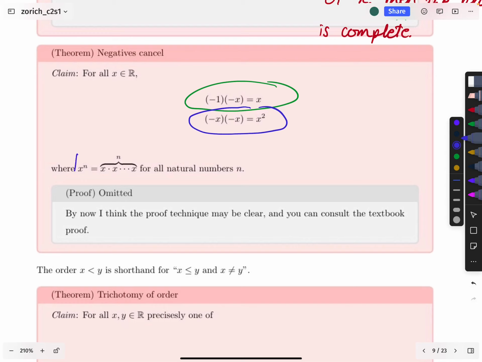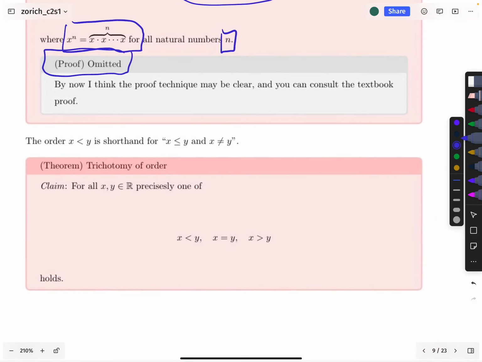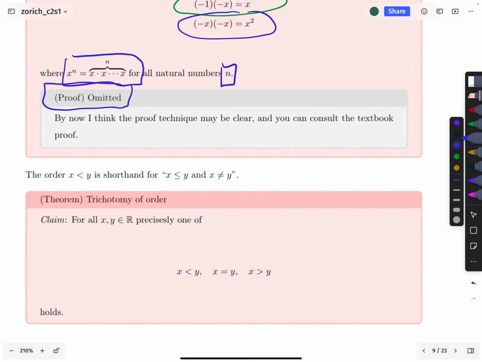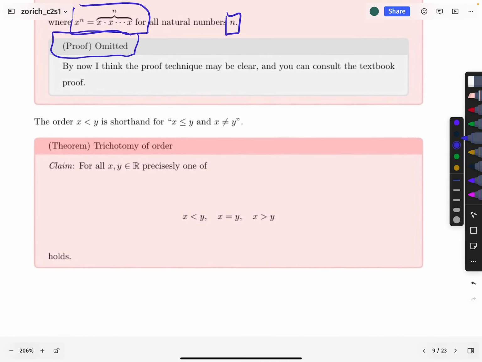We are going to go ahead and temporarily understand that x to the n is the same thing as x times itself n times, no matter what natural number n we choose. But I'm going to go ahead and omit the proof. I think the book is probably pretty clear. I'm sure I have my reasons for omitting the proof. Probably I just want to go fast. So, okay. Let's move on.